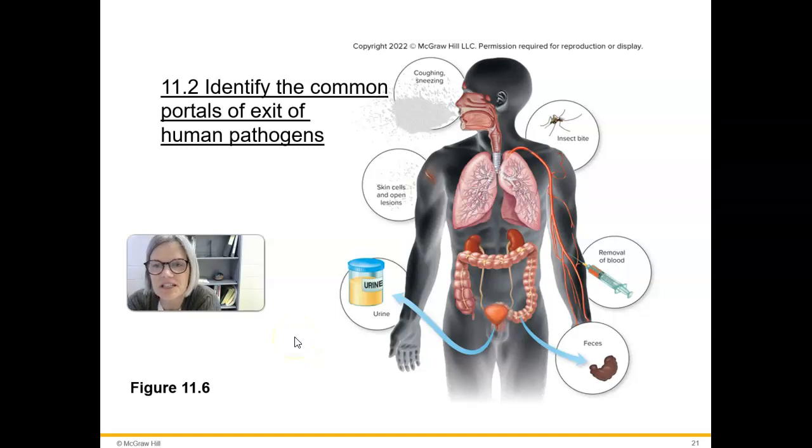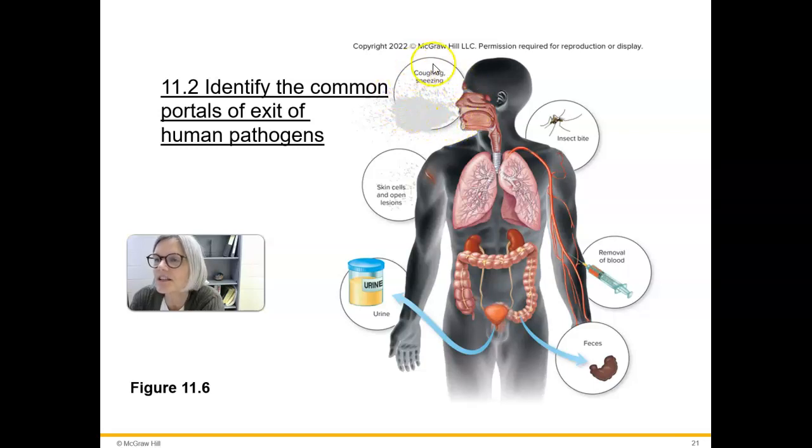So let's first define portal of exit, and that's going to be the route through which the pathogen leaves the host. Here's a diagram from your book, and it's showing that it depends on the pathogen.